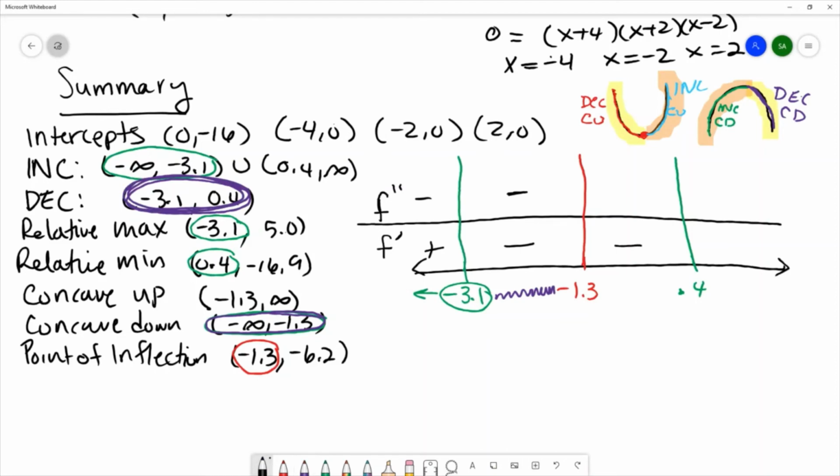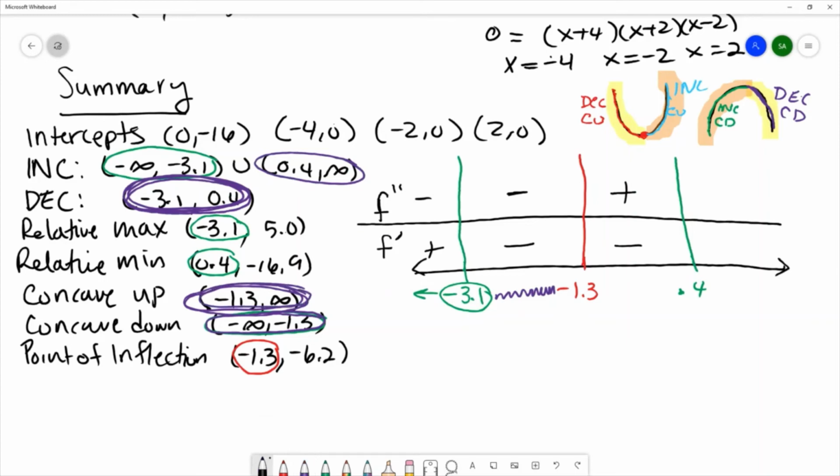And the second derivative was concave up, which is positive. And then from 0.4 on, it's increasing and also concave up.